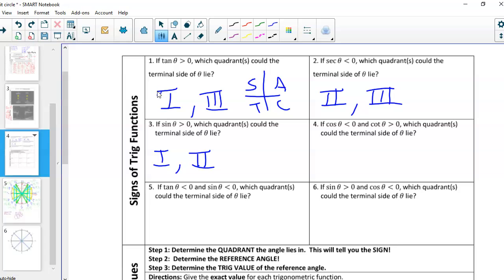But now when they have 2, you have to apply both. So this is where the visual part kind of comes in. Look at the first piece. Where is cosine negative? 2 and 3. Of those 2, where could cotangent be positive? Just 3.